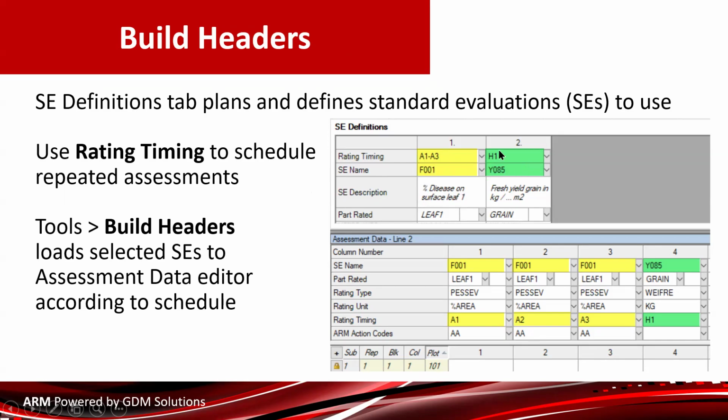You can schedule those out and then use a function called build headers, and it will load those SEs on the assessment editor itself to flesh out all of those columns. So again, see our training on SEs to see that a little slower in action.